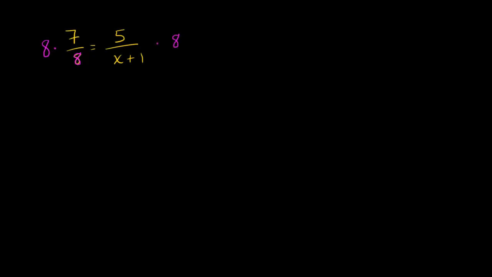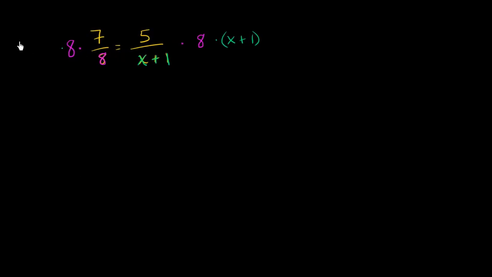Similarly, if I want to get this x plus 1 out of the denominator, I could multiply by x plus 1 right over here. But I have to do that on both sides if I want my equality to hold true.